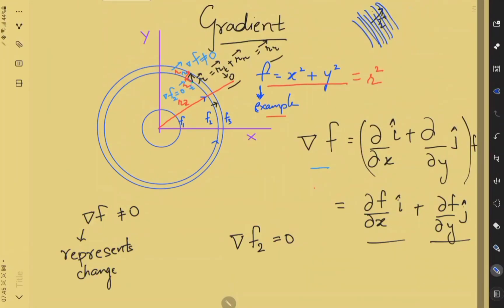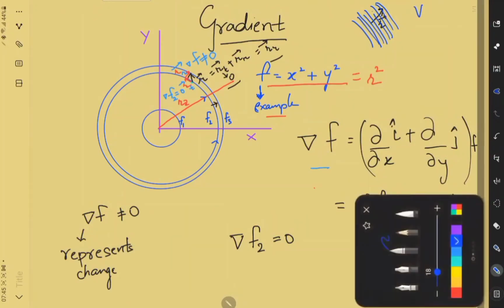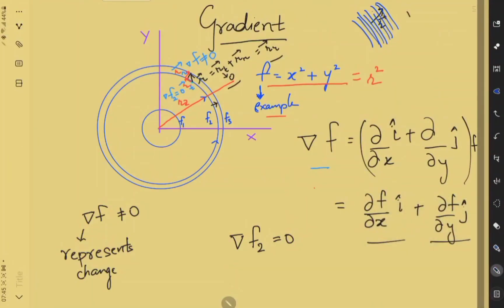If we want to calculate the magnitude of our change, we will simply apply the Pythagoras theorem, that is the root of fx square plus fy square, where fx is del f by del x.